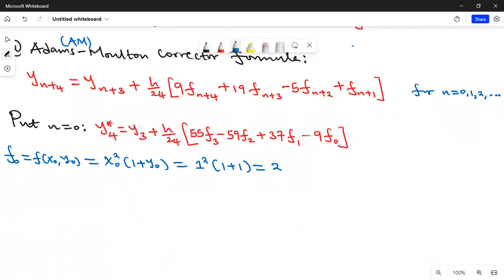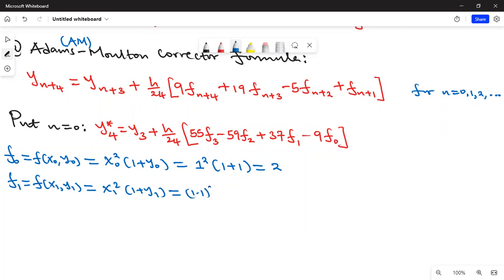Let's get the value of f1. Similarly, f1 is equal to f of x1, y1, and that is x1 squared, 1 plus y1. x1 you can read from the table, that is 1.1.